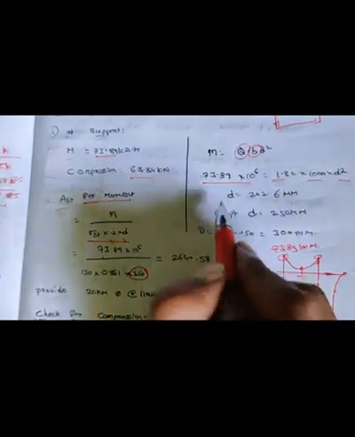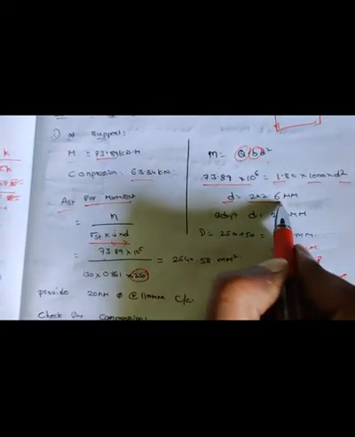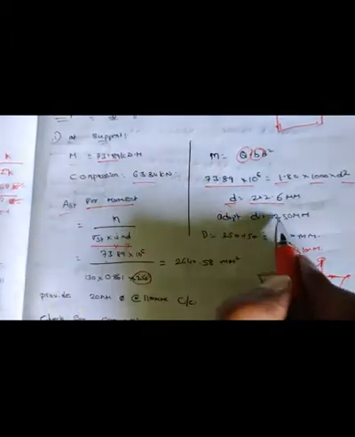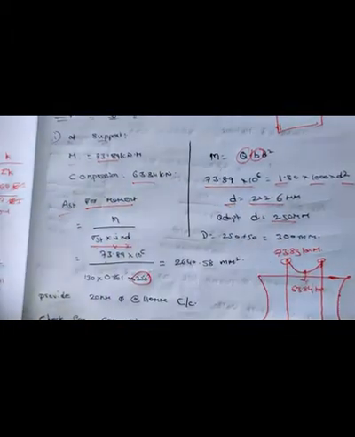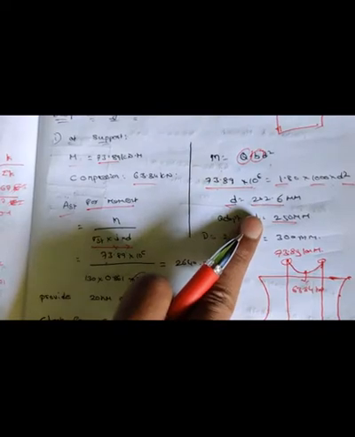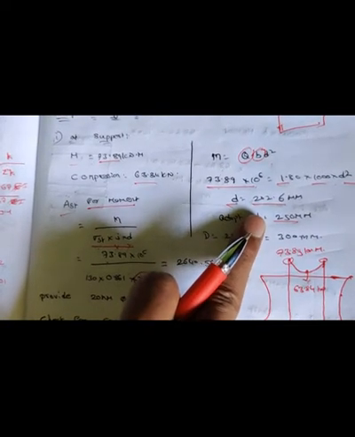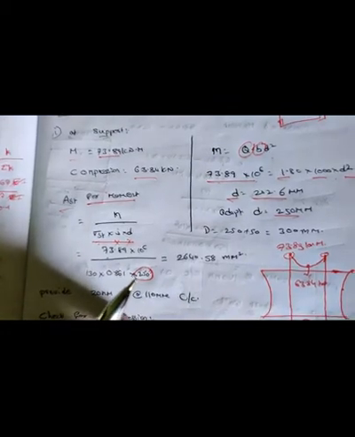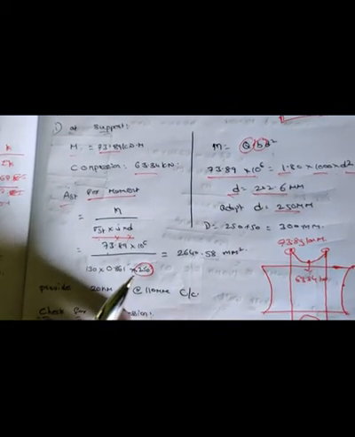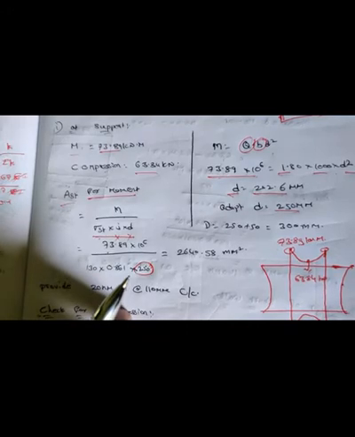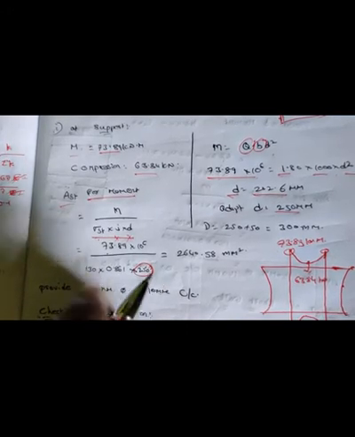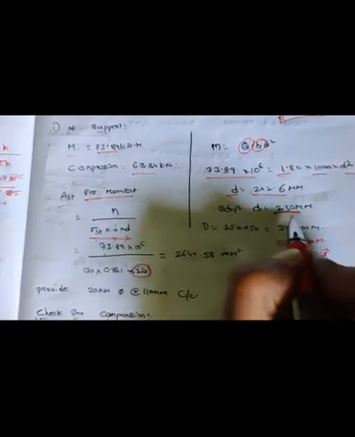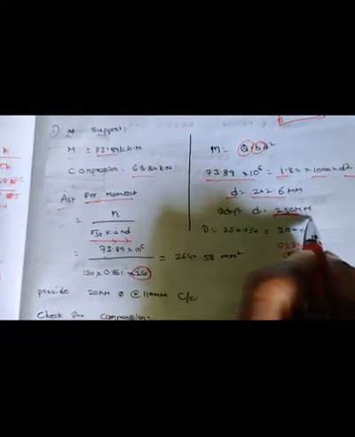If I calculate this value, I get d as 202.6 mm. Now adopt 250 mm. Here I got 200 mm. Suppose you see 202, I can take 200 also, but whenever we are designing, we should not take the minimum value. If you take the maximum value, our design will be safe and our structure will be good. So adopt depth, that is effective depth, equal to 250 mm.